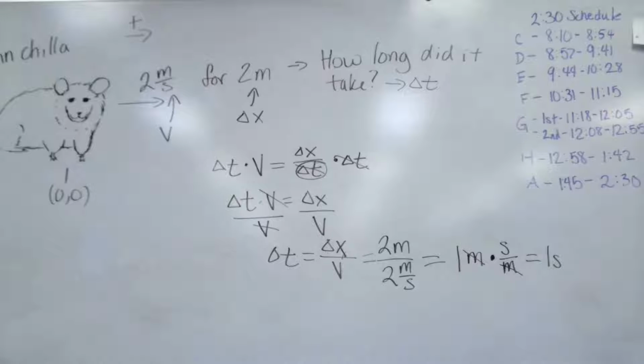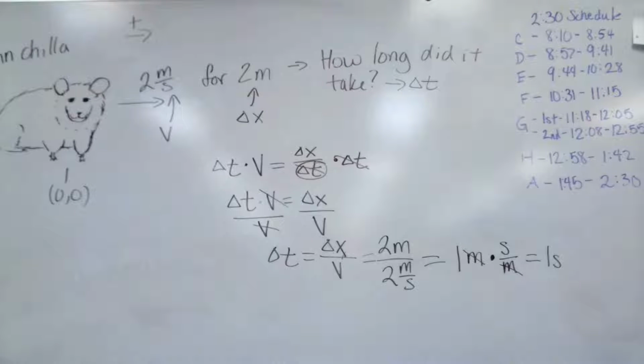Now, we want to go to our acceleration one. Okay, so we're going to be dealing with that equation. Just so that you guys have a quick reference, we've solved for delta x, which is v delta t, and we've solved for delta t, which is delta x over v.